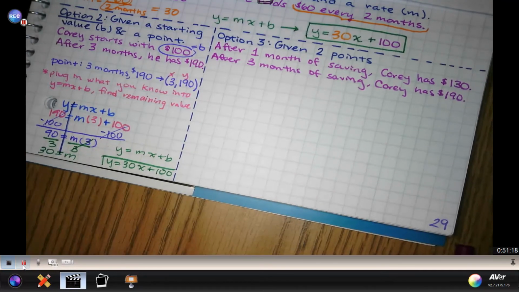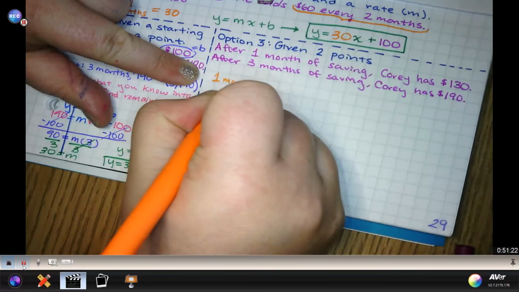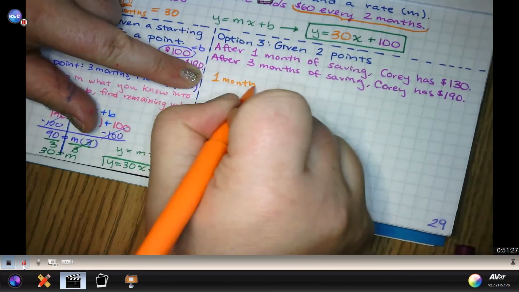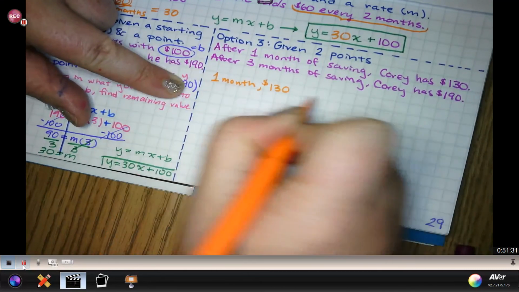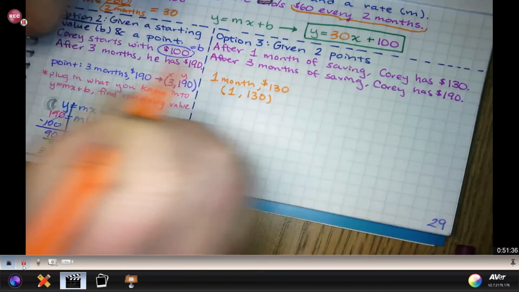If I'm given 1 month, it says after 1 month of saving, Corey has $130. So 1 month gives me $130, which gives me the point (1, 130).